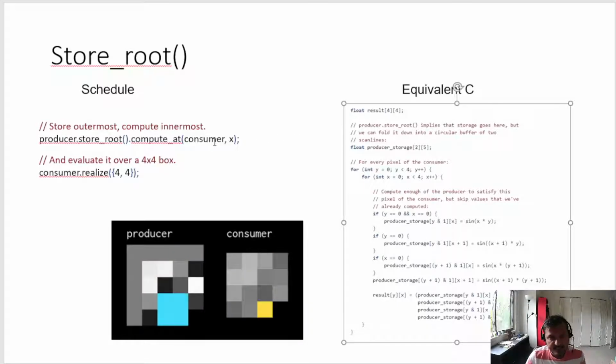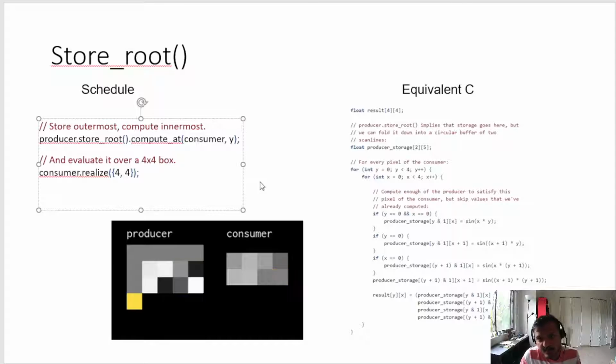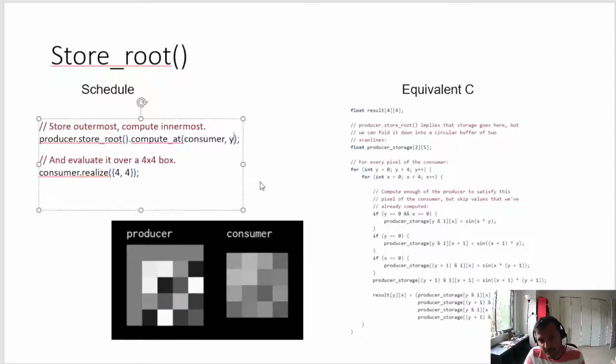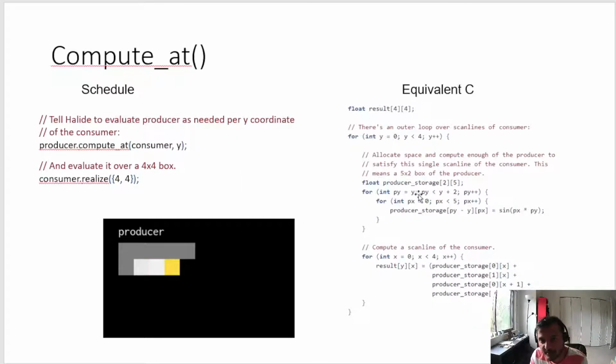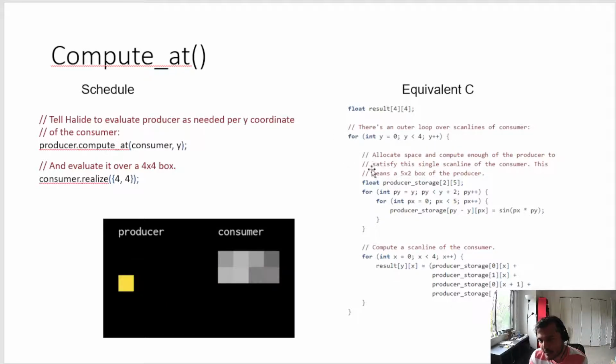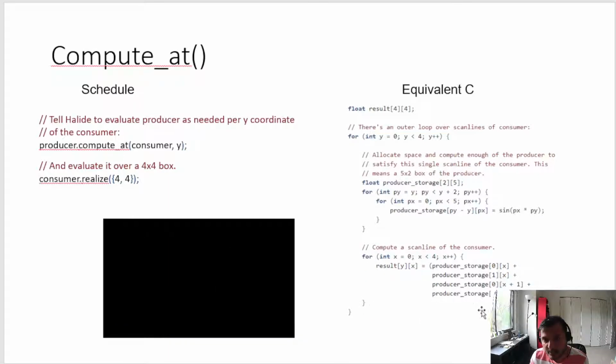Now let's see. If I replaced producer store root with y, then I would have to, so let's first look at what compute at y did. So compute at y, it had an outer for loop, and then the relevant values were being computed like this, and then they were immediately being used.